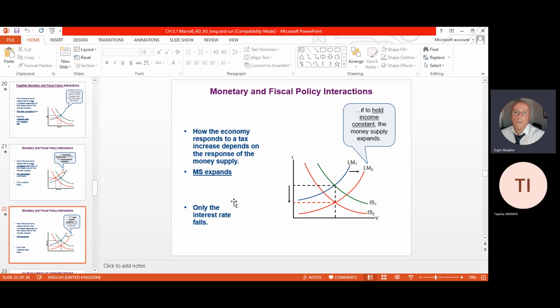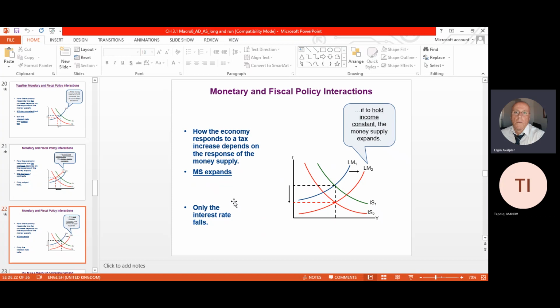Money supply is expected to expand, enlarge, and the liquidity money is enlarged also because the interest rate is enlarged, because you are holding the income constant, and this will not cause some reason to make saving because we are holding the constant income and there is no consolidated income given.